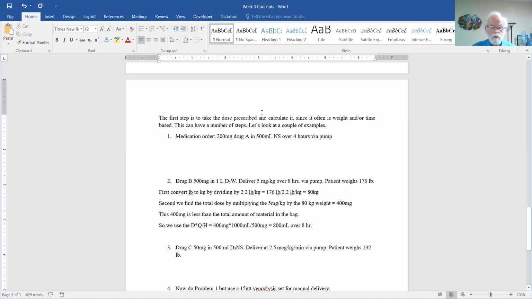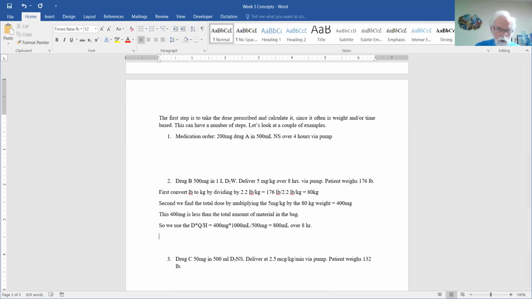So now we simply plug that into the rate formula and we get 800 milliliters divided by 8 hours, and that's going to equal 100 milliliters per hour. So that's how we figure that out.